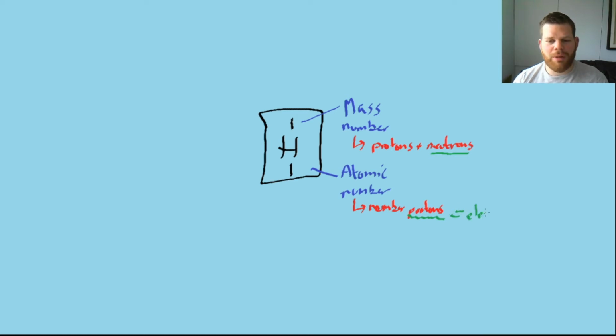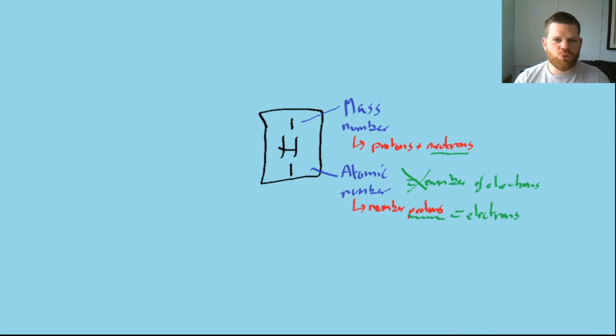So the atomic number also gives us an indication of how many electrons there are. Be careful with this: it doesn't mean the atomic number equals the number of electrons, this is not true. What it does mean is that it tells us the number of protons, and if we have an atom, the number of electrons is equal.